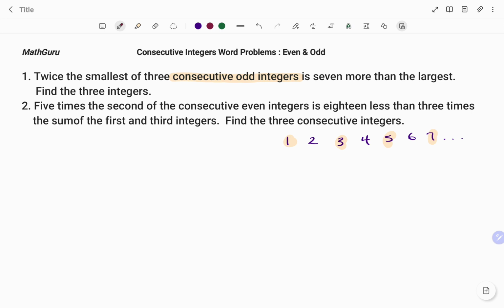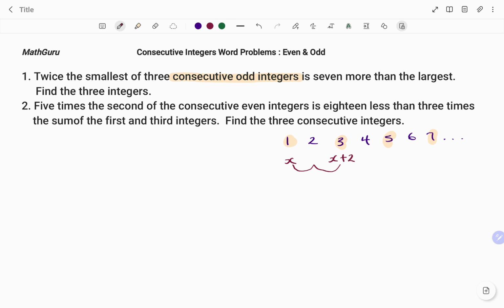If I start from the 1, let me call that x. If I'm to move to the next odd integer, what it means is I have to move 2 spaces as shown. So therefore, the position of 3 will be x plus 2 because I've moved 2 places. Remember, I'm starting from x, which is my reference point.